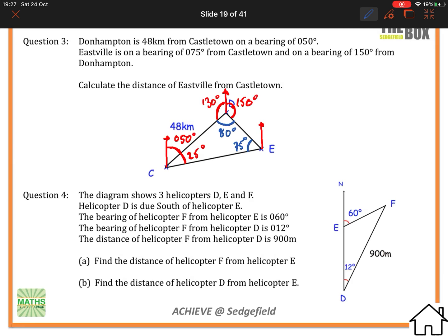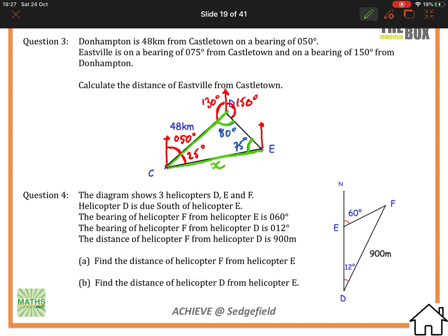Okay, so we have here a side and an opposite angle. We want to know the distance from Eastville to Castletown, so let's call this X, and we've got its angle, and we want to know its opposite side.